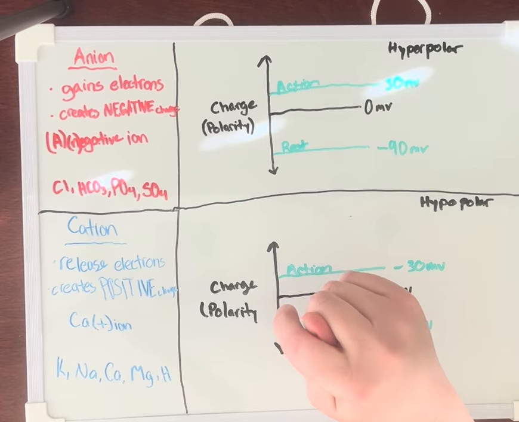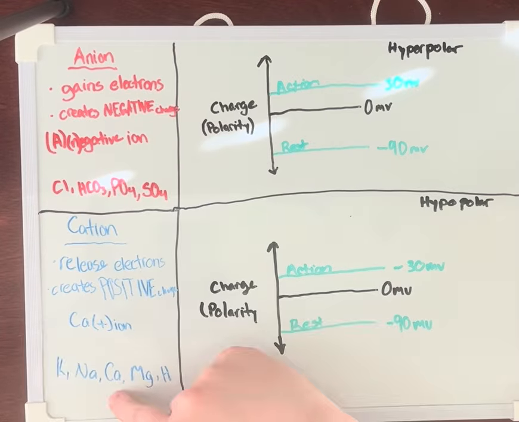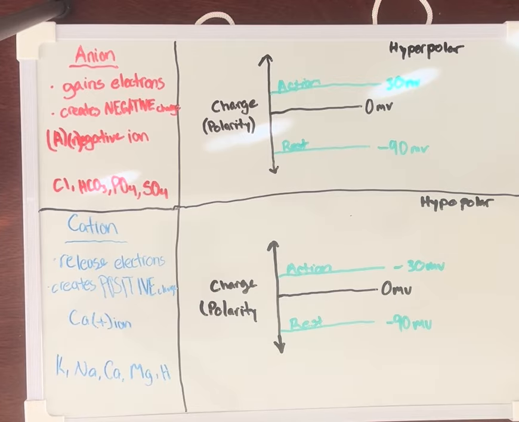I will make a note and say that calcium really threw me off, and I still don't fully understand it, but we'll kind of get to that. And it does talk about why each one is important, but basically just know the most common ones you're going to be dealing with are potassium and sodium when it comes to electrolyte imbalance.